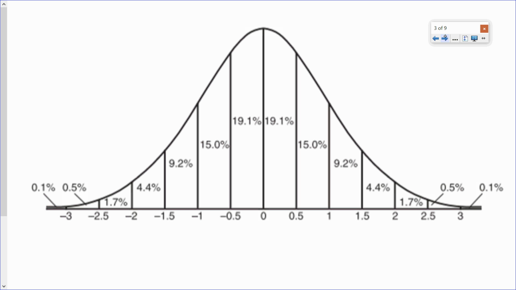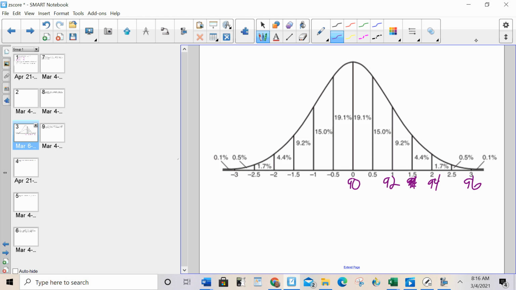So if the Algebra 1 score had a mean of 90, let's say, and a standard deviation of 1 or 2, it would look something like this. And maybe the Pre-Calc had a mean of 80, because it's a harder test, and a standard deviation of 3, let's say 4.